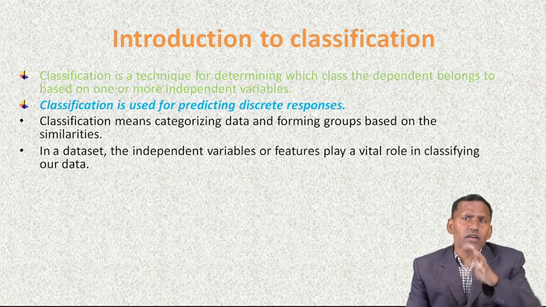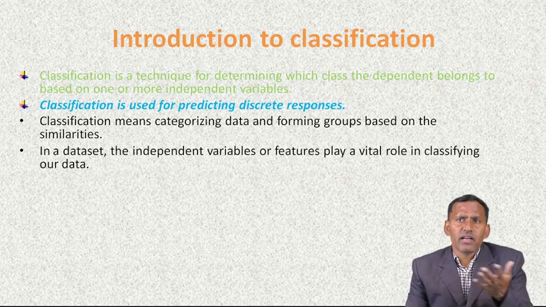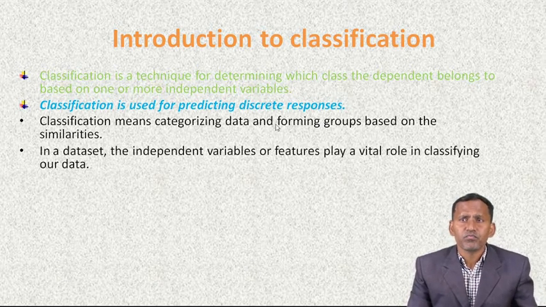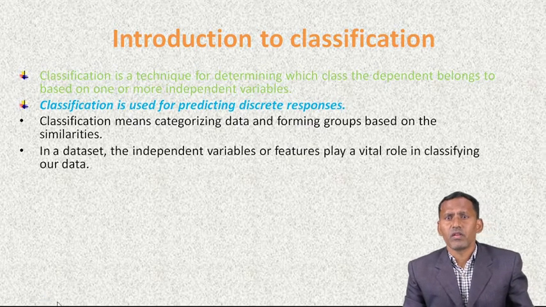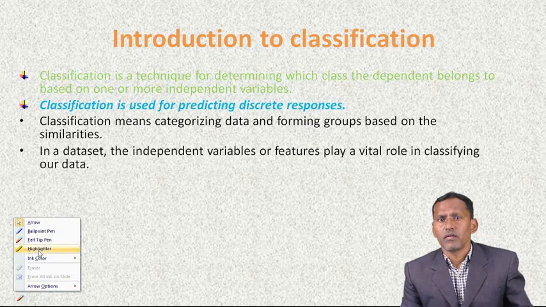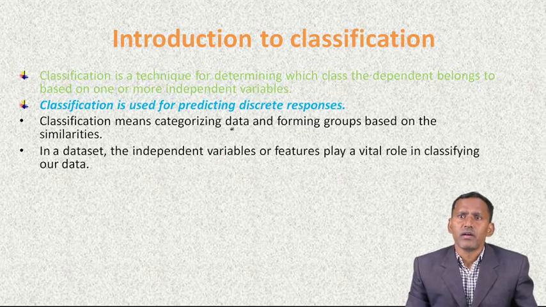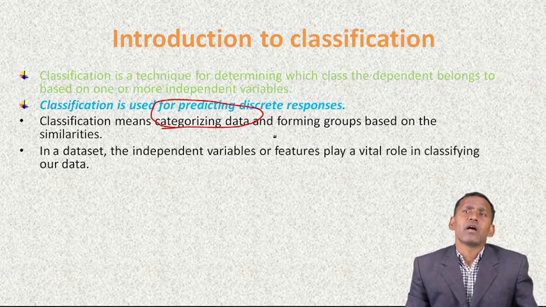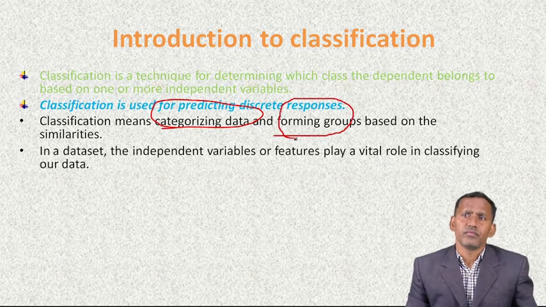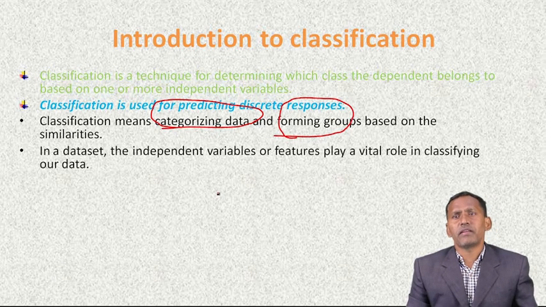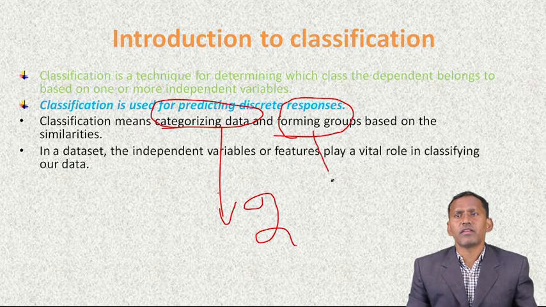As we have seen in the model, classification means categorizing data. It categorizes the data and forms groups. In binary classification, only 2 classes will be there, whereas in multi-class classification, there are more than 2 classes.